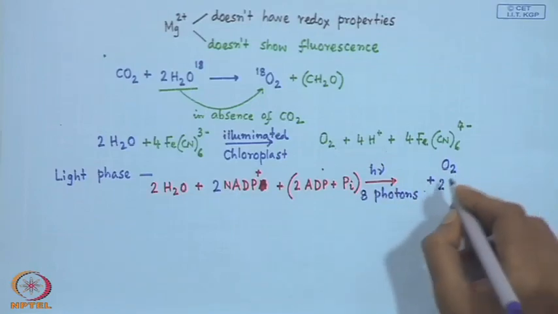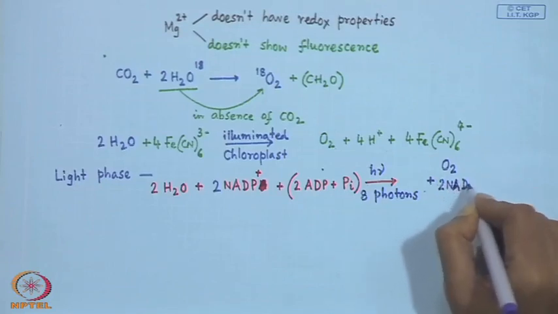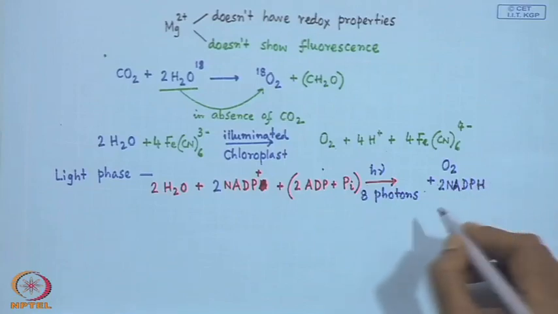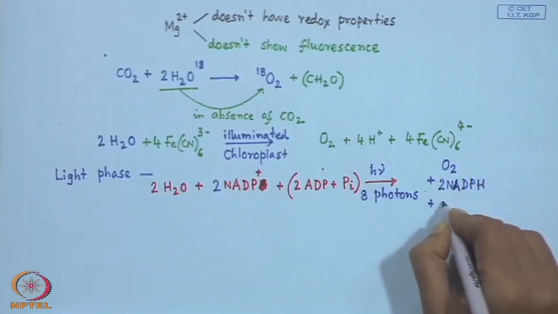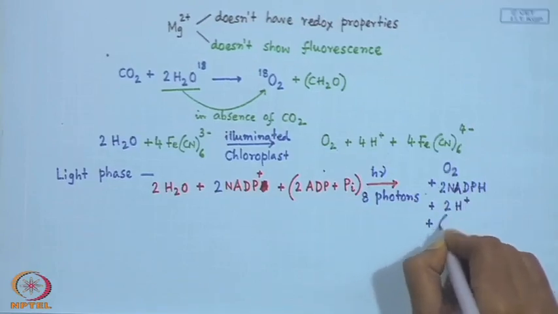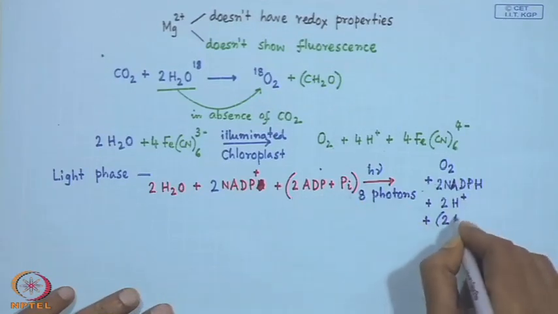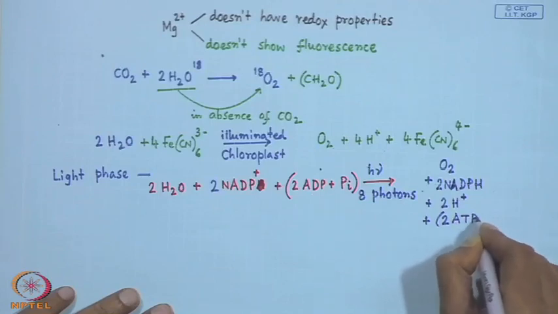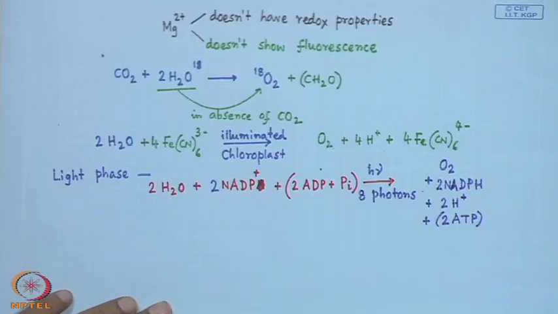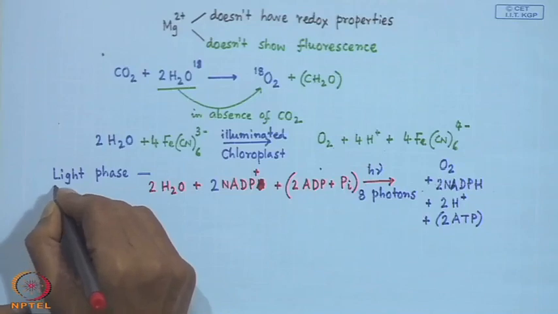So, twice NADPH, then 2H+, and 2 ATP. So, there are a few important observations here, because in the light phase there is capture of light.